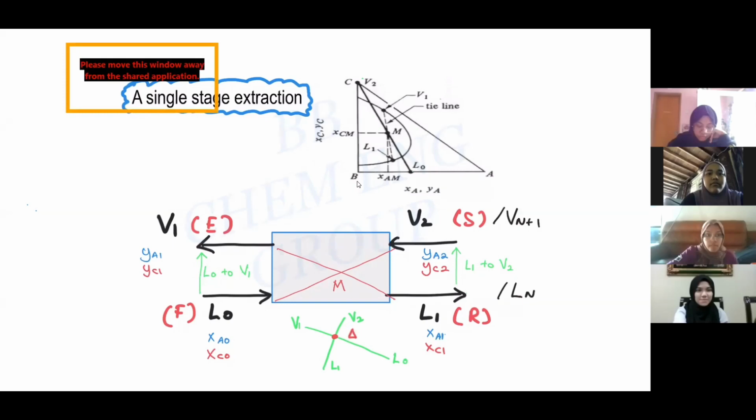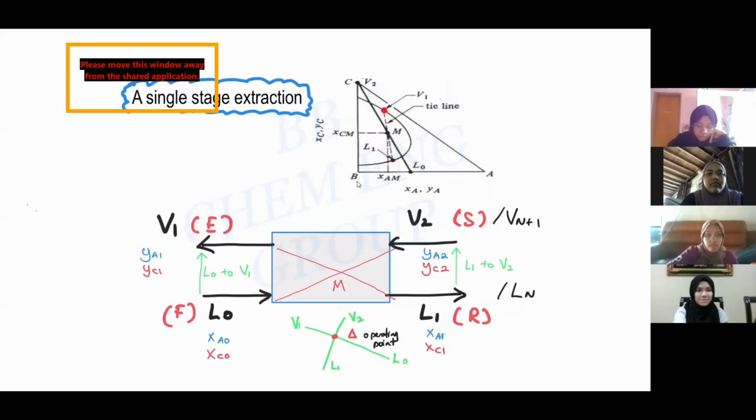So this is the operating point. Why is it important to have the operating point? Remember the tie line. The tie line that you produce is called the stage of the extract column. Take a look at this label.